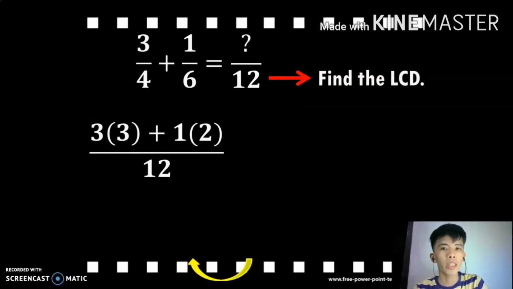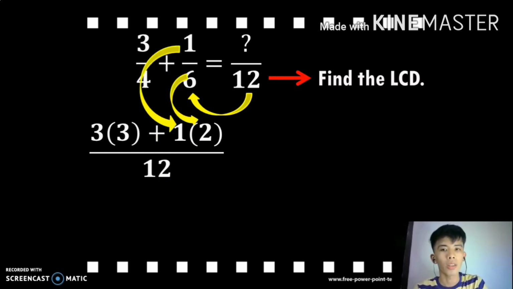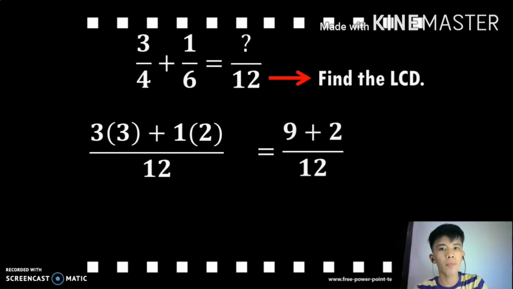After that, yung 12, i-divide naman natin by 6. So, yung 2, doon. Then, yung 1 times 2. And then, since parehas na yung kanilang nasa ilalim, which is 12, okay, proceed na tayo. 3 times 3 is 9 plus 2 over 12. The final answer is 11 over 12.